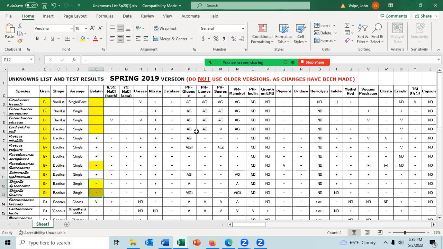And then I'm going to say PR lactose AG. I guess I'll have to explain what AG is. So let's go PR lactose negative, and then that reduces it to these 3. Okay, so that's how you figure out what you might have, and then you figure out a test to identify which species it is among these 3.